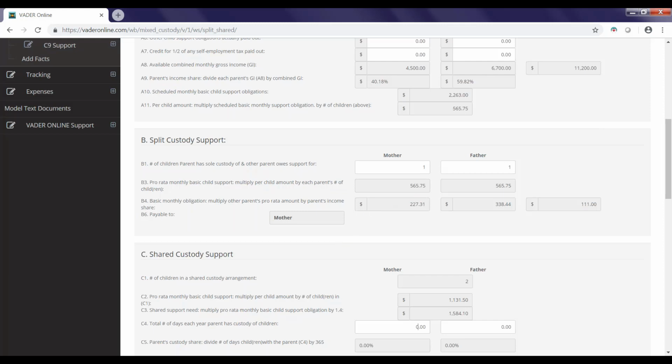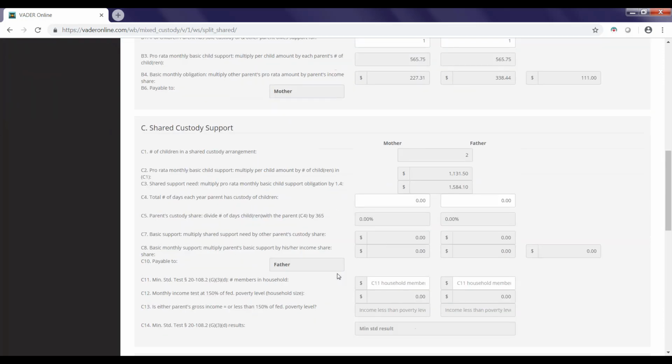And again, in that scenario, mom has sole custody of 1, and dad has sole custody of 1. Now what do we do with the other 2 that the parties are sharing custody of? Well, we have to account for those 2 remaining children. And again, we have to tell VADER how many days each party has those shared children.